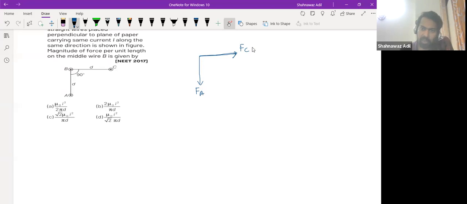And the force per unit length we are talking about. So FC per unit length would be how much?